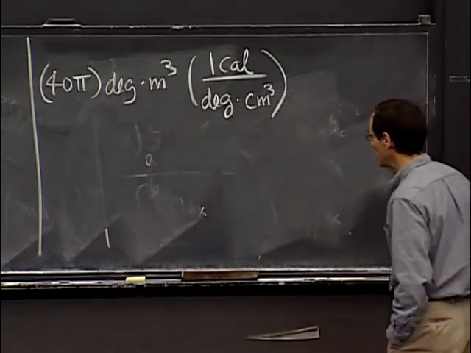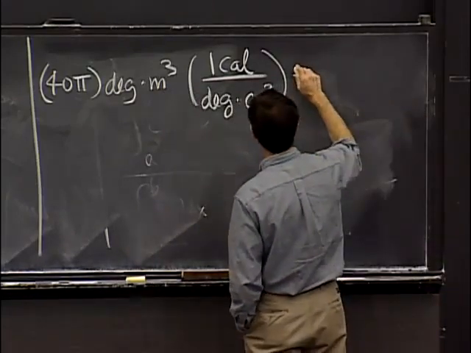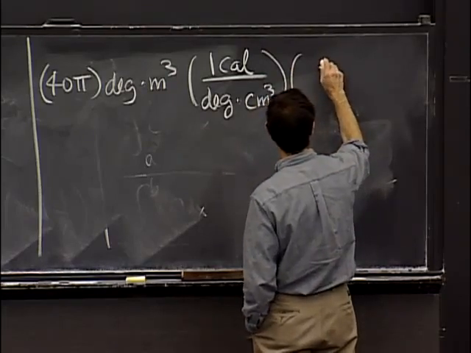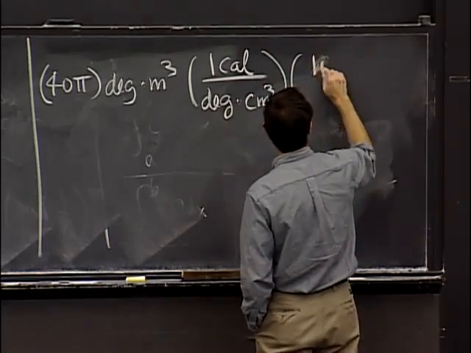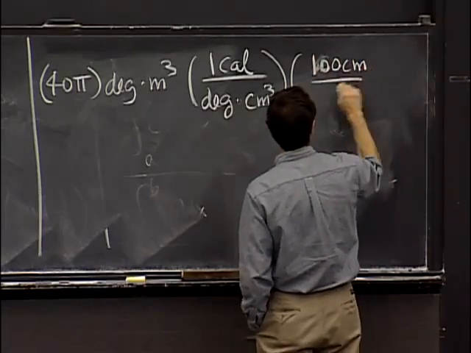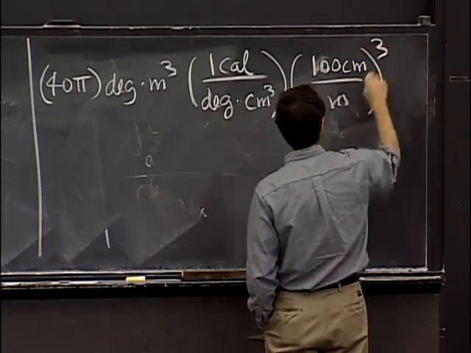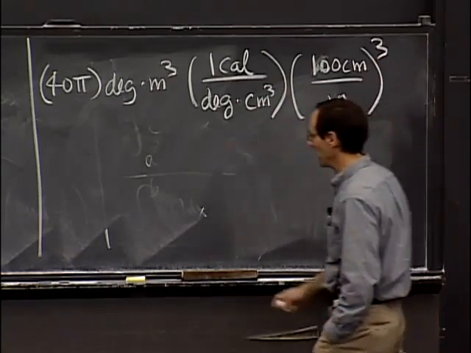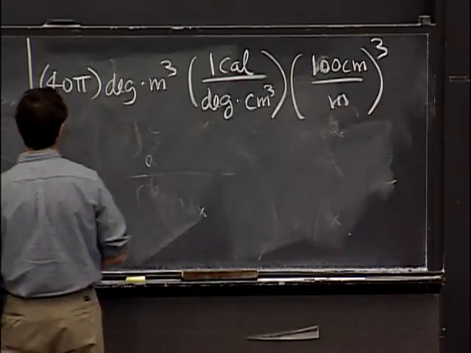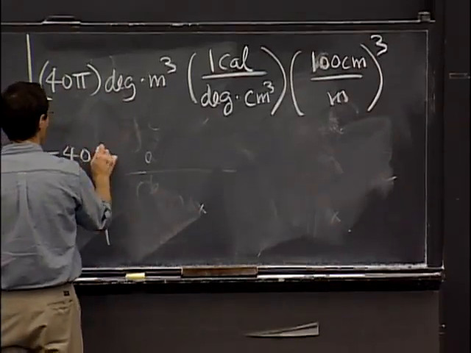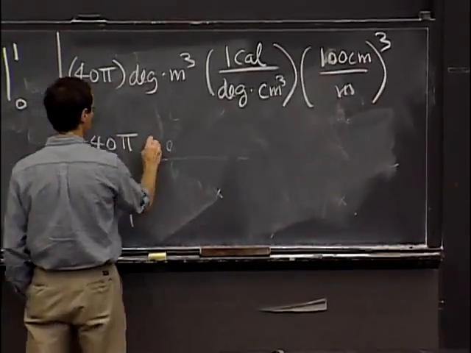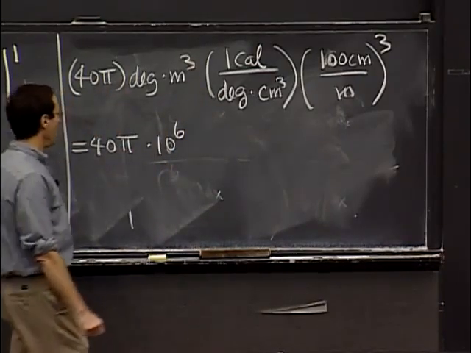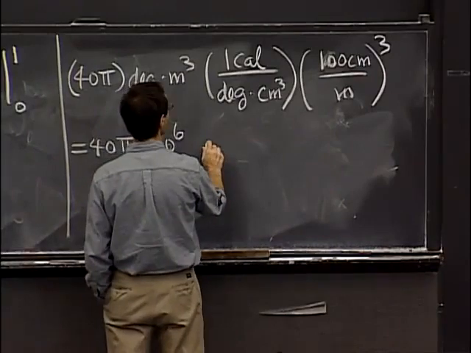That's one conversion. And then I'm going to have to translate from centimeters, so I have here 100 centimeters per meter cubed. So these are the two conversion factors that I need. And so I get 40 pi times 10 to the 6th, that's 100 cubed. And this is in calories.